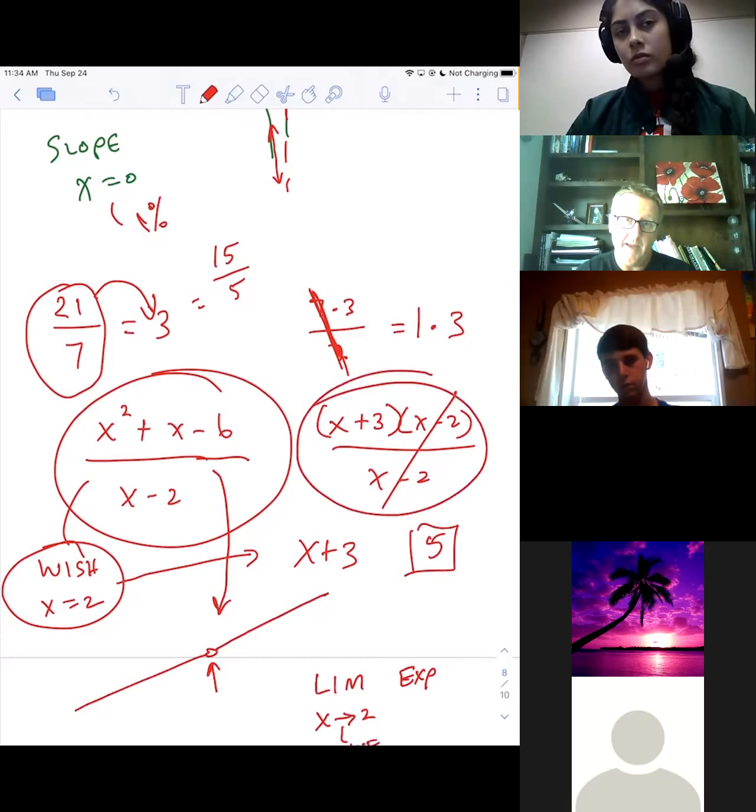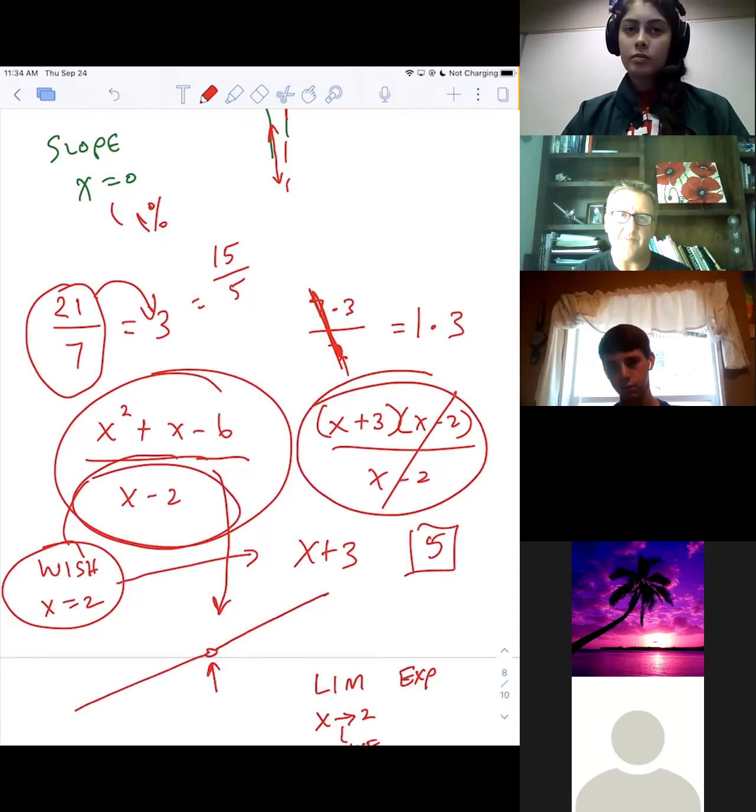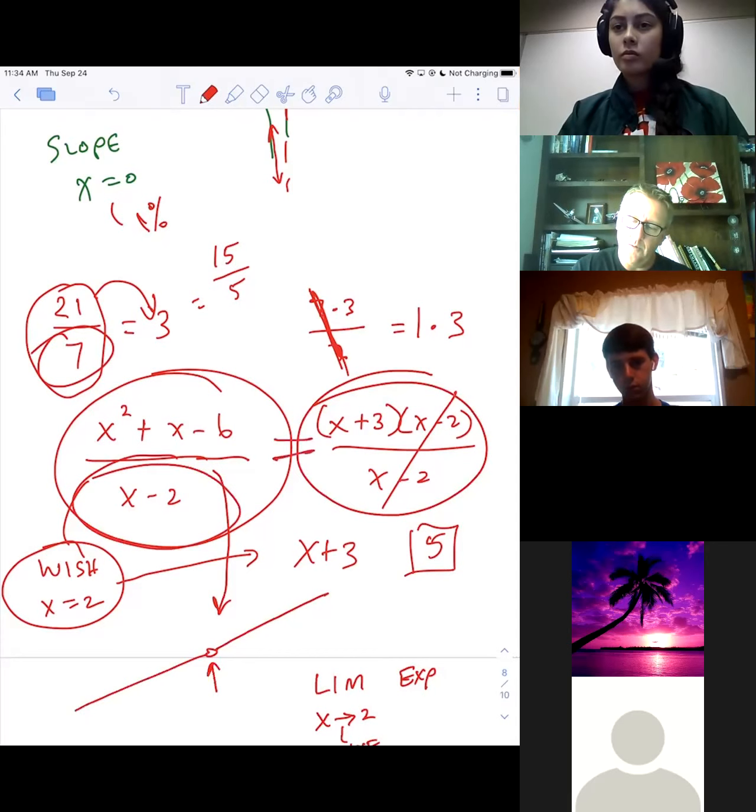You literally can plug it in because that particular expression doesn't have to live with the x minus 2 on the bottom. It doesn't have to stay there, just like the 7 in 21/7 doesn't have to stay there. There's an algebraic way to rewrite it. These are equal, totally equal. And so that gives us a way to actually plug 2 in.